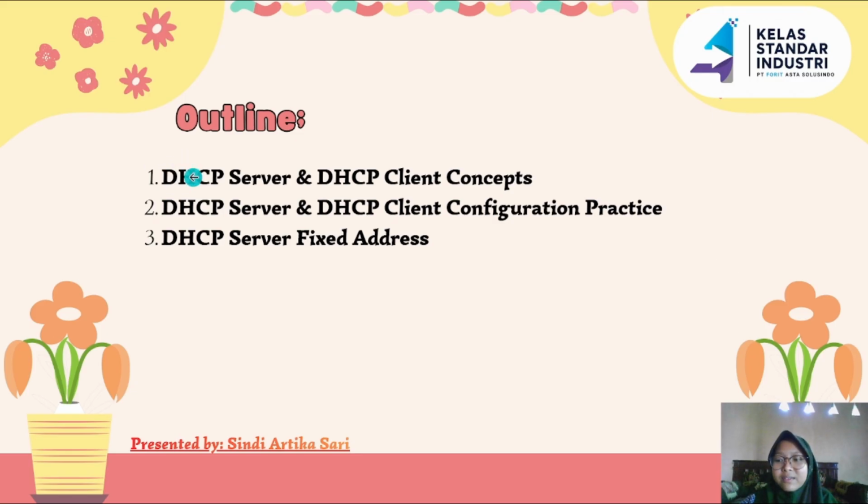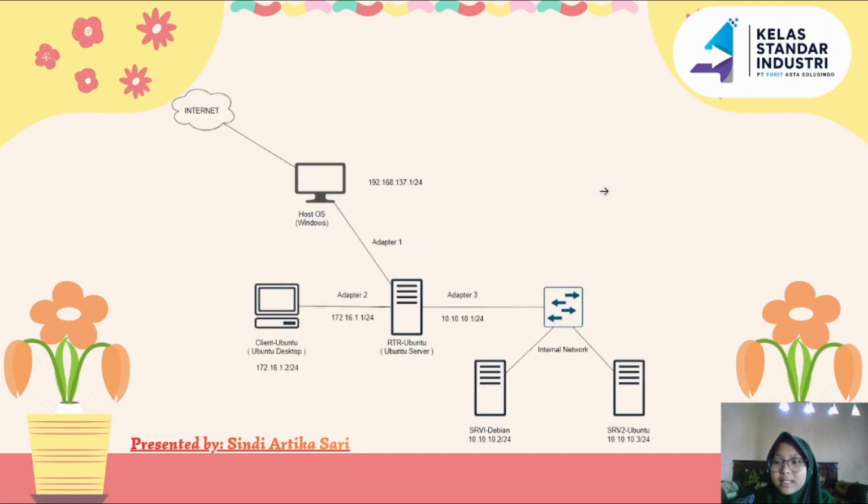The first thing we will learn is the concept of DHCP. So, in this lesson, we will try to configure the Ubuntu desktop client to obtain an IP address automatically. If it works successfully on Ubuntu desktop, we will then try it on server 1 and server 2.